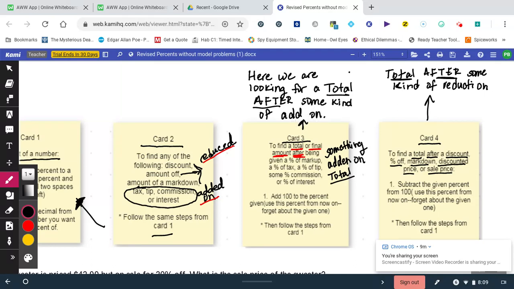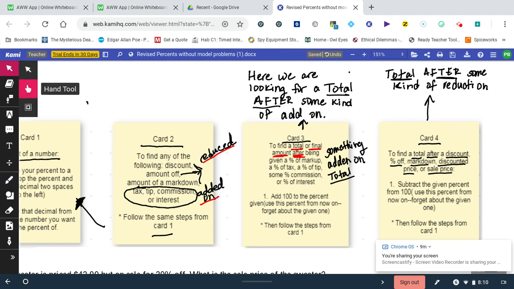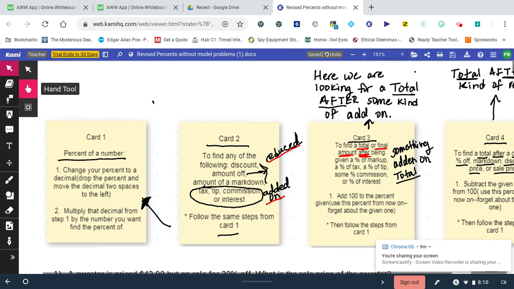Okay. So card 3, you're looking for a total after some kind of add-on, and card 4, you're looking for a total after some kind of reduction. All right, on card 2, you're not looking for a total at all. You're just looking for the reduction, or you're looking for the add-on. Card 1, you're neither looking for a reduction or an add-on. You're just looking for whatever percent they give you, a percent of some number.